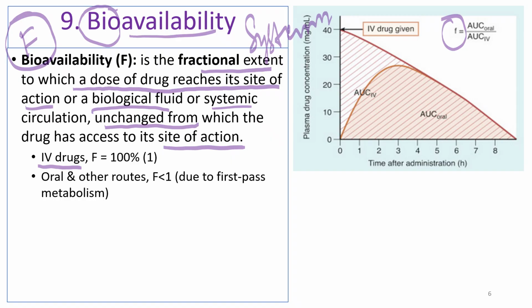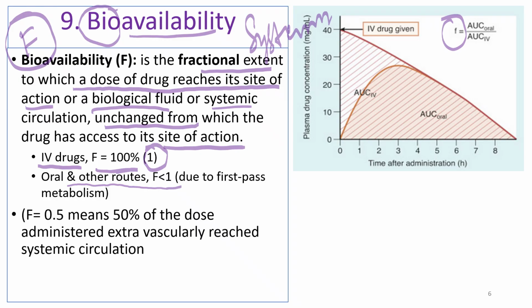That fraction is 100% medication in the circulation, so the F value is 1. Whereas with oral and other routes, the bioavailability F value is less than 1, because there is first pass metabolism. So if F is 0.5, that means 50%.